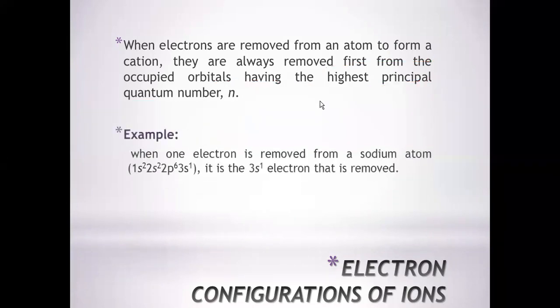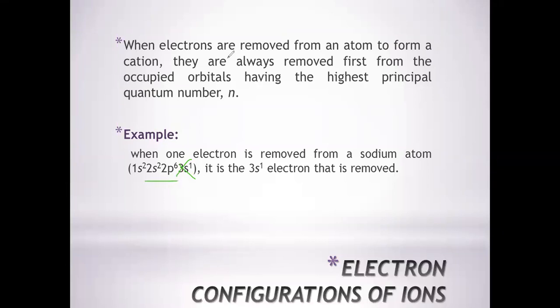An example is given here. When one electron is removed from a sodium atom forming a sodium ion, this is the electron configuration: 1s2, 2s2, 2p6, 3s1. Clearly, the highest principal quantum number is n equals 3. If you want to remove one electron, you have to remove it from 3s1, not 2p6 or 2s2.